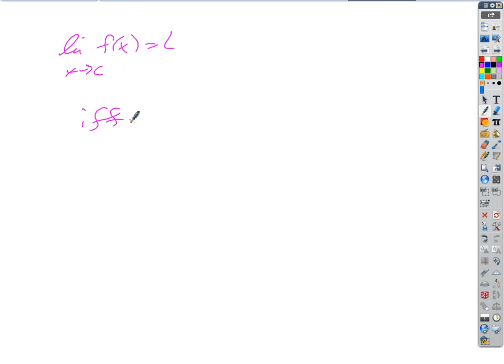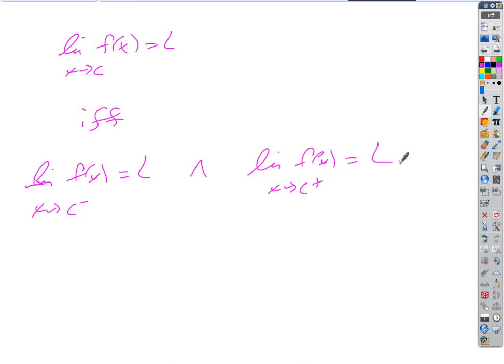So we had to have the limit of f of x as x approaches c from the left equal L, and the limit of f of x as x approaches c from the right equals L. If those are both true, then both the ants are approaching the same point, and we say that the regular two-sided limit exists, right?